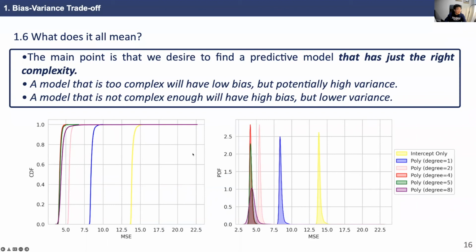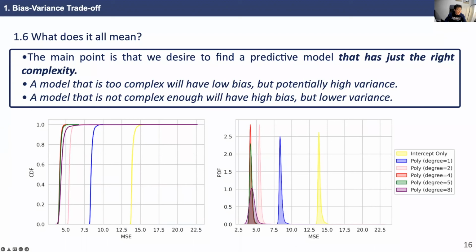So these figures mean that if you have just one training data with polynomial degree 1, you will happen to have the MSE over this range of values.